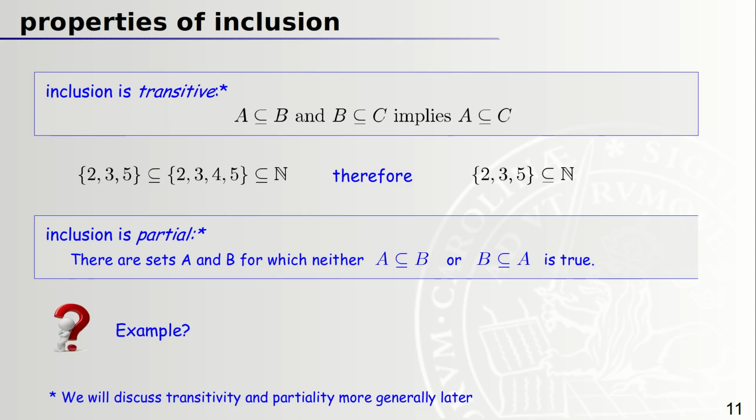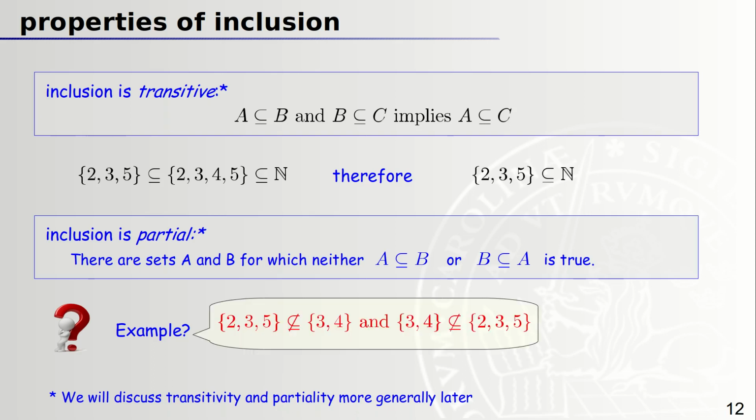Can you come up with an example of two sets that are not related to each other by inclusion? This is an example of two sets that do not include each other, even though they have an element in common, 3 in this case.